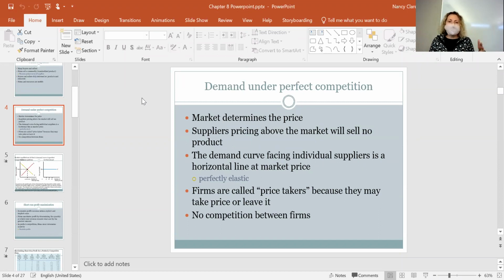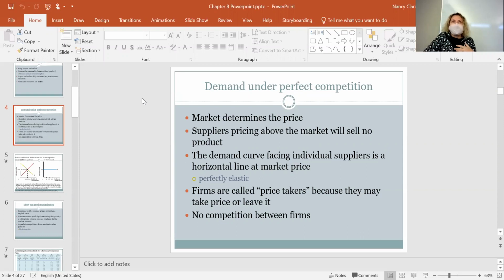And that determines what the market equilibrium price or the market clearing price is for that good. What this is saying here is that the market determines the price. So we have that upward sloping supply, downward sloping demand, and it reaches an equilibrium, and that determines the market price for that apple, right?